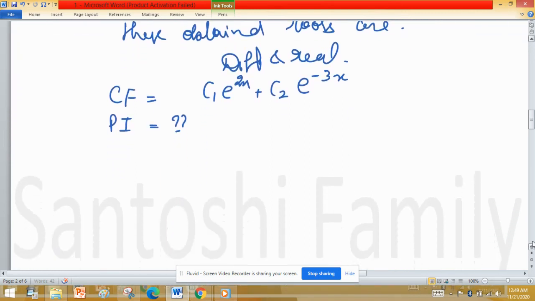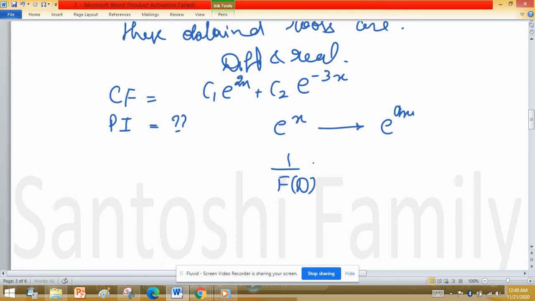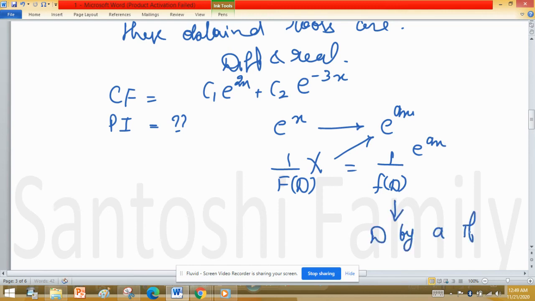The right hand side of this equation is e raised to the power x, which is of the type e raised to the power ax. When an e raised to the power ax type function comes, then to find the particular integral, 1 upon f(D) X, where X is a function of e raised to the power ax, equals 1 upon f(D) e raised to the power ax, and replace D by a if f(a) is not equal to 0.